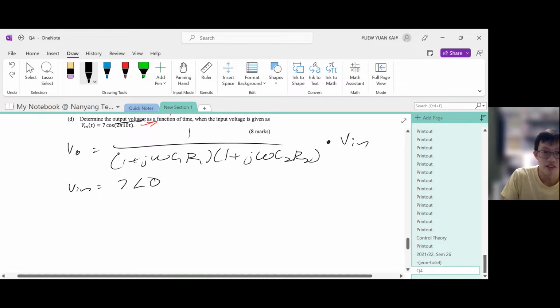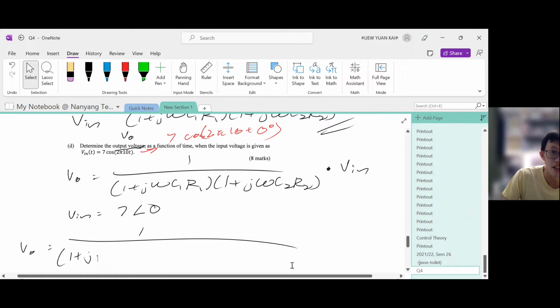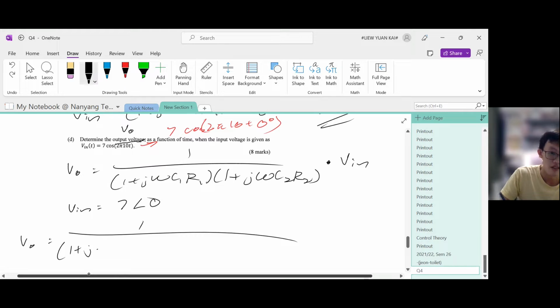Okay, then you have to plug in all the numbers here. So V out is equal to 1 plus j times, okay, what's the omega here? The omega follows from the source. So this omega is actually this omega, right? 20 pi, it's actually 20 pi.